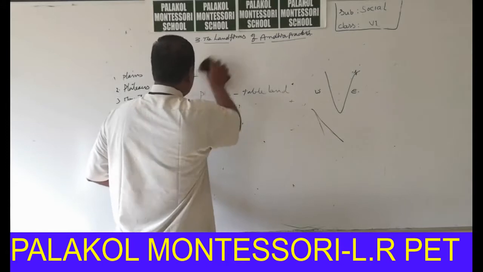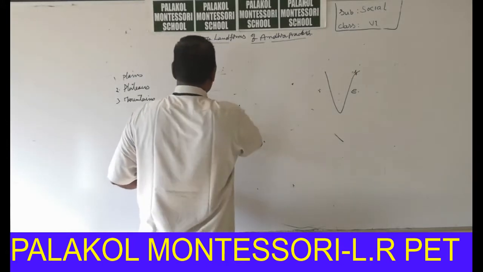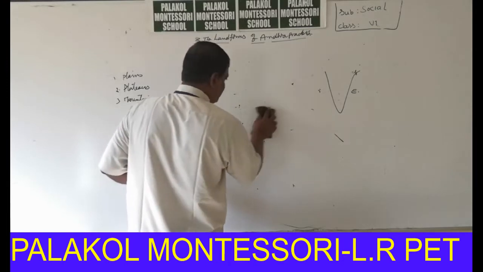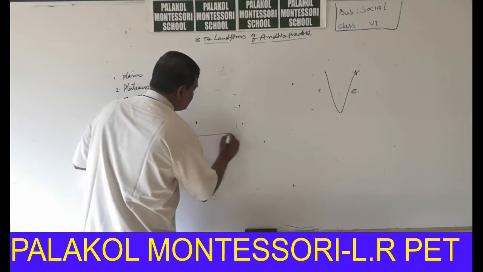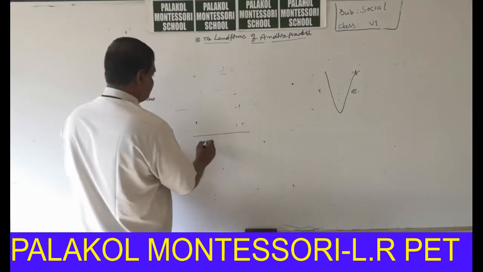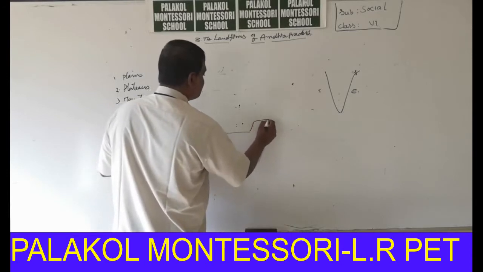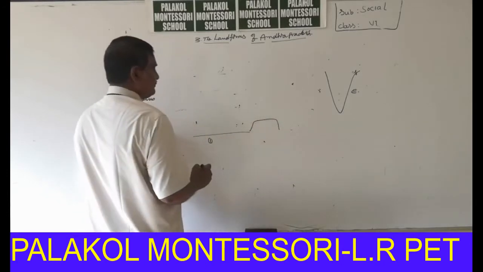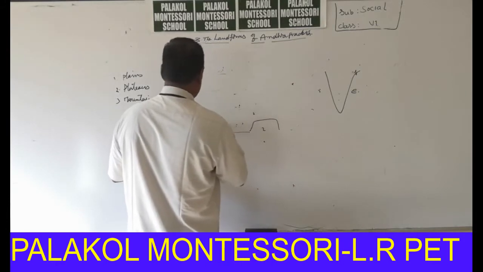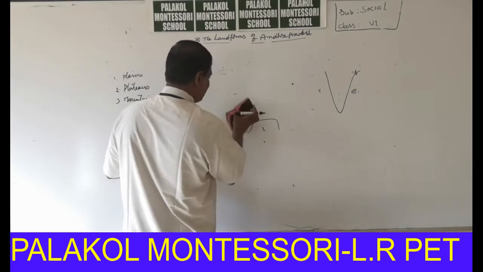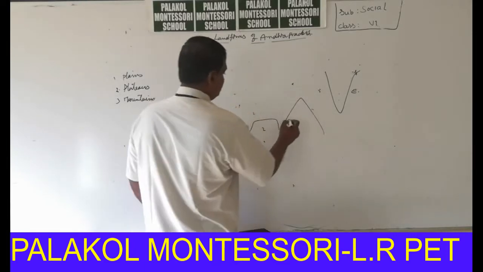I can show the picture on the blackboard. Now I can explain this. This is plain. This is plateau. This is mountain.